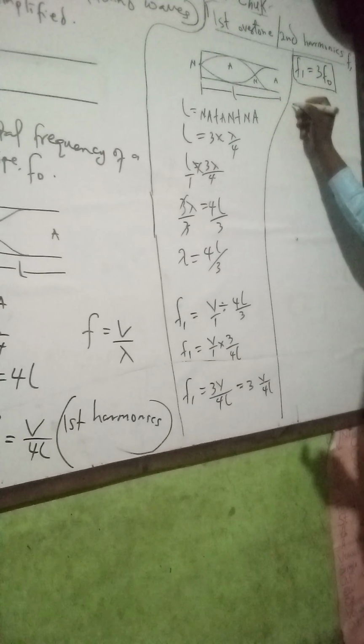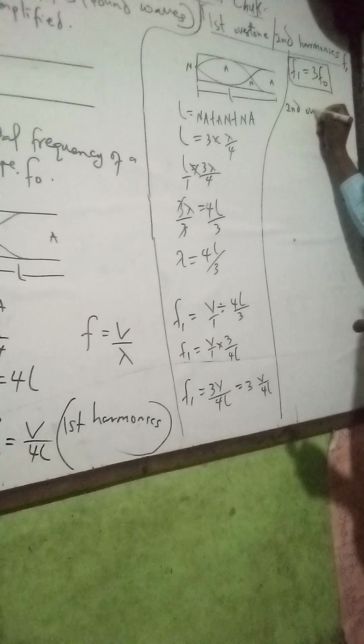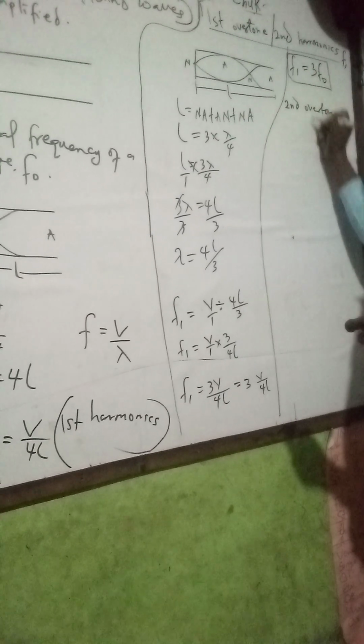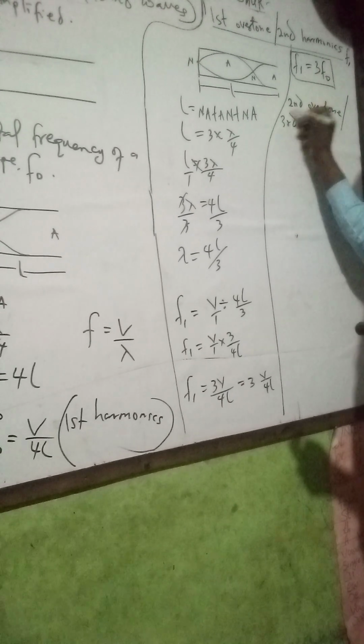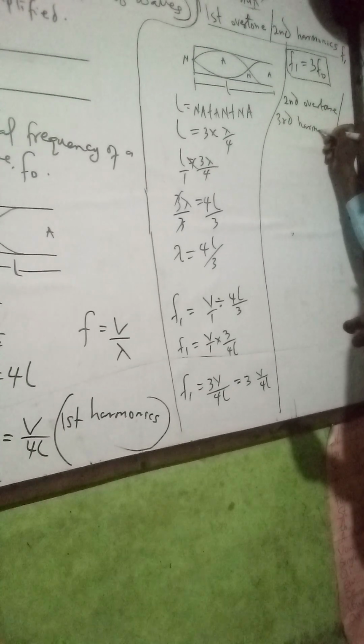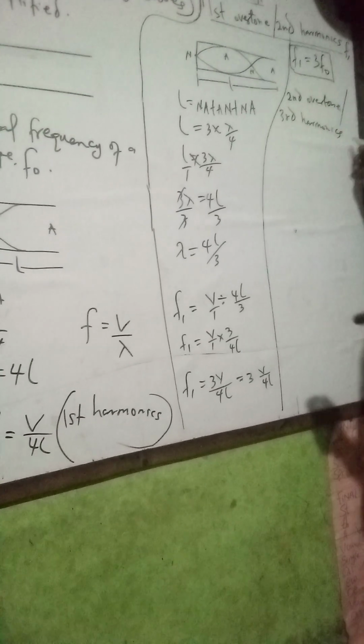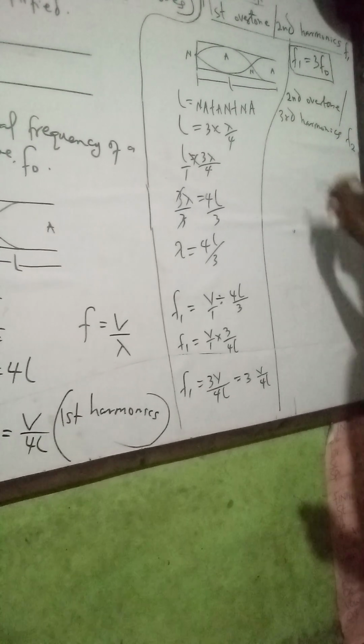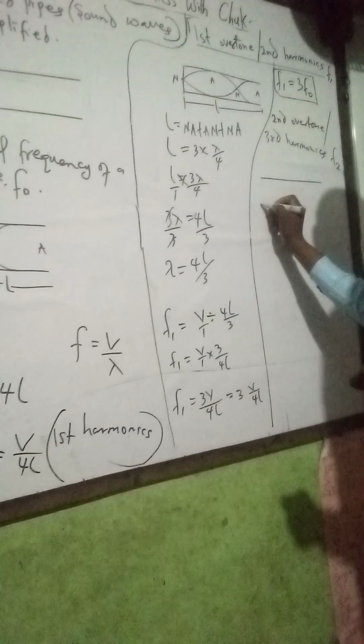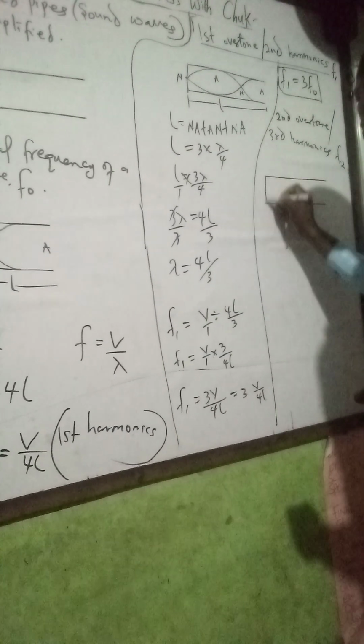Now, to get the second overtone or third harmonics, which is F2, I'm going to get my closed pipe like this.